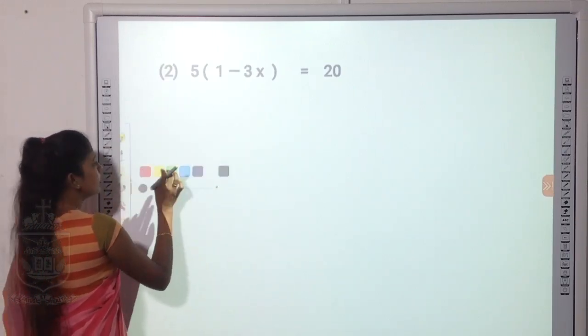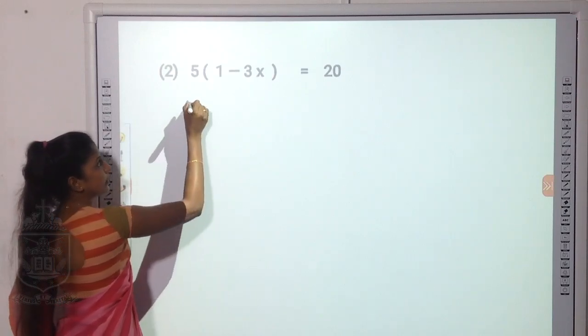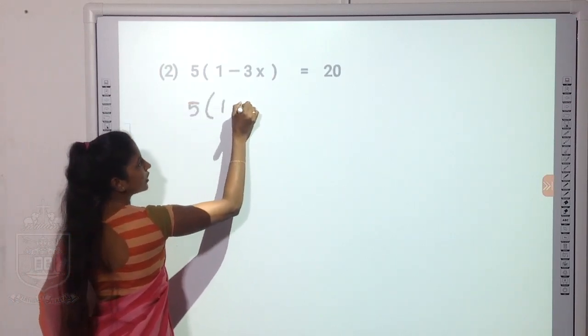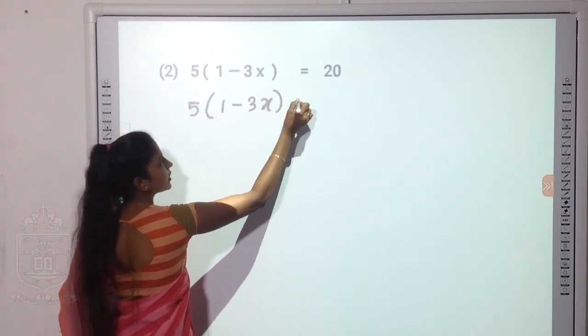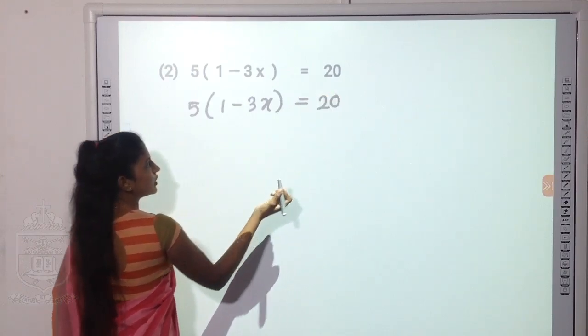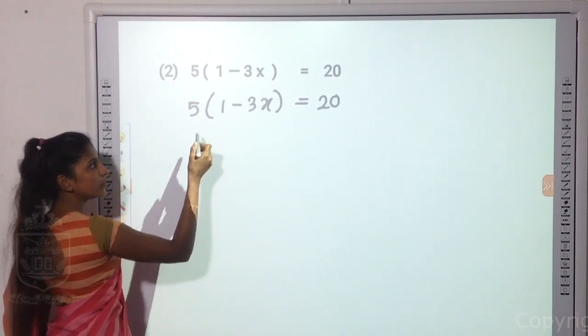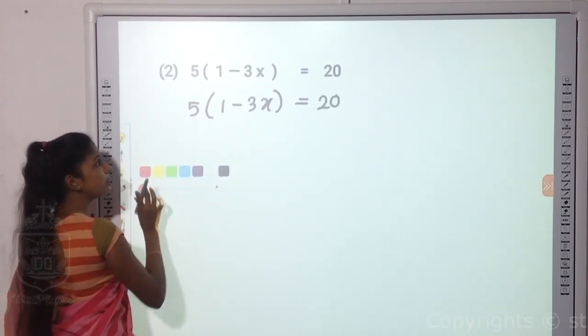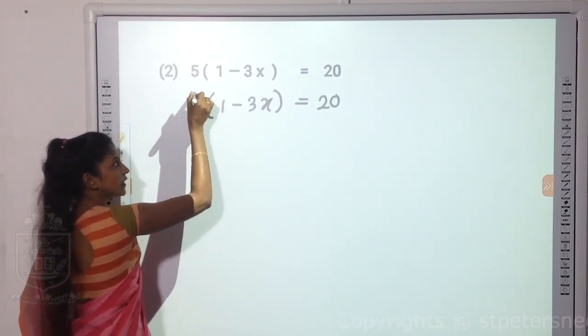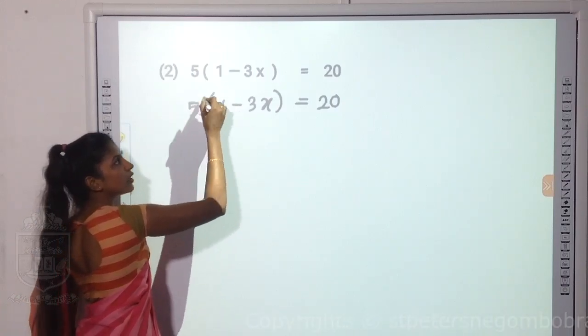So as I told, I'm going to select the second method. Here you have 5 times 1 minus 3x equals 20. Here the meaning is whole expression is multiplied by 5, right? In order to cancel, I'm going to remove this 5 without multiplying.